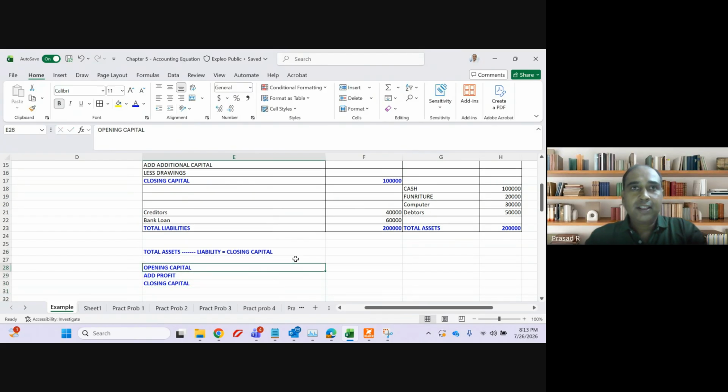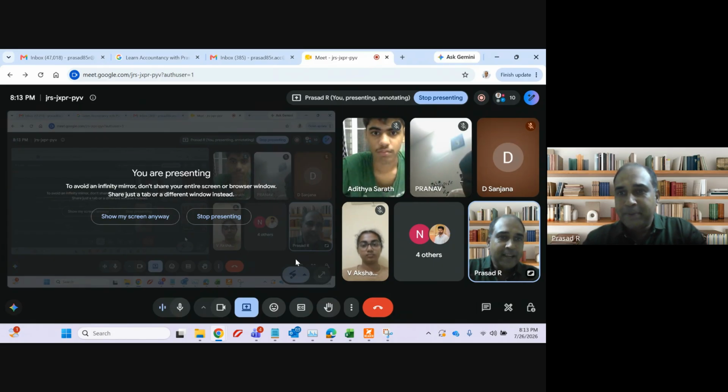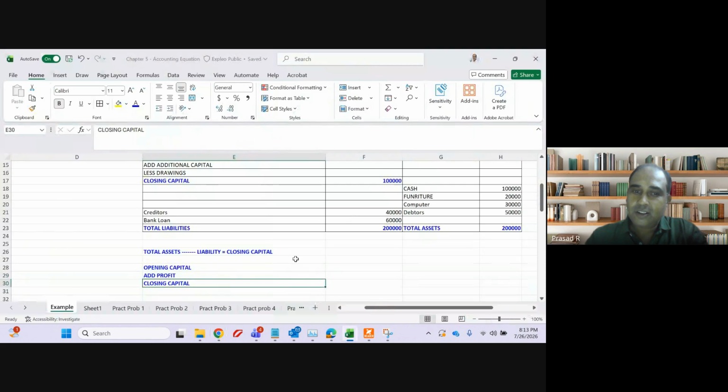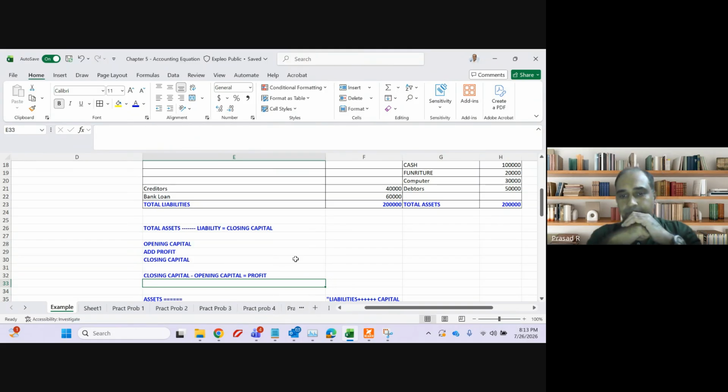Now, if opening capital is given to you and closing capital is given to you, can we find out profit? What is profit, guys? Profit is nothing but closing capital minus opening capital. Closing capital minus opening capital will be equal to what? Profit.